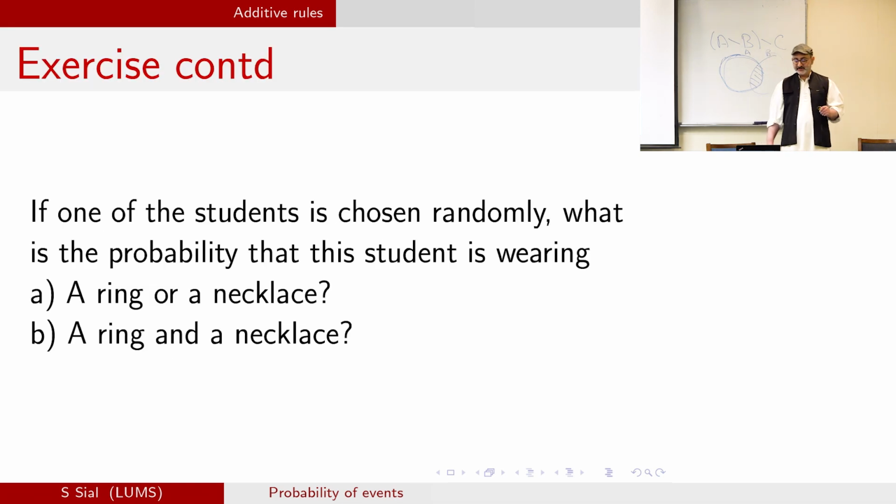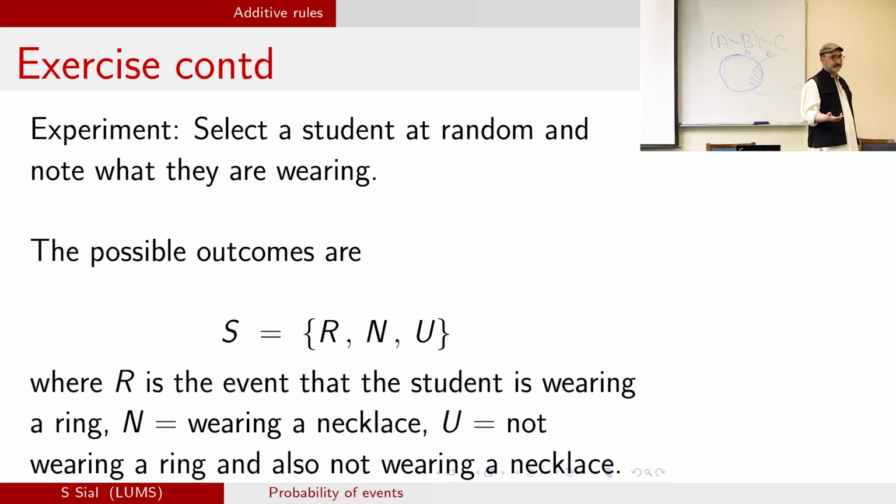If one of the students is chosen randomly, what's the probability that the student is wearing a ring or a necklace? And what's the probability that the student is wearing a ring and a necklace? Okay, so let's work our way through that. What's the possibility? Student could be wearing a ring.